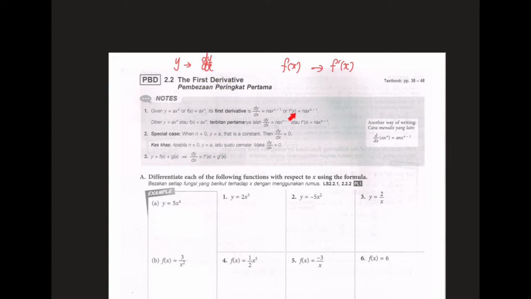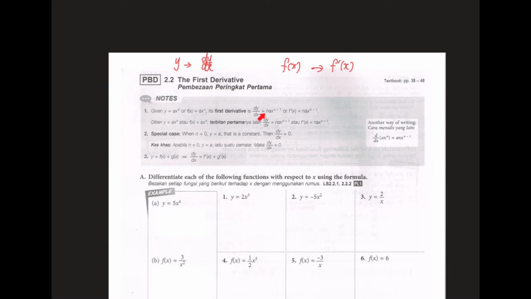Or you can also write it like this, f prime x equal to nax to the power of n minus 1. There are just two different ways to write down the first derivative. Either dy dx, as I mentioned before, the differentiation of y will become dy dx. The differentiation of f(x) will become f prime of x.